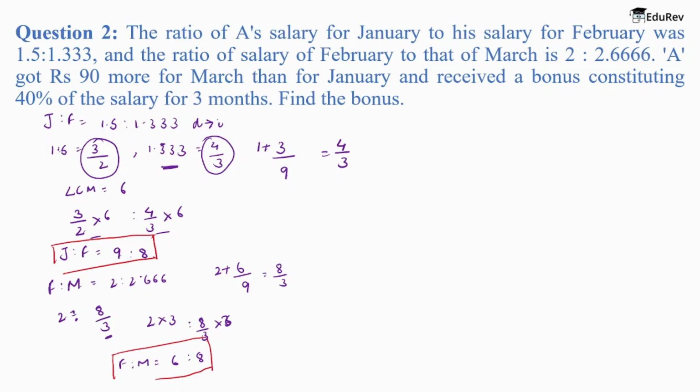Now we have to find the ratio between January is to February is to March. We know that January is to February is 9 is to 8 and February is to March is 3 is to 4.